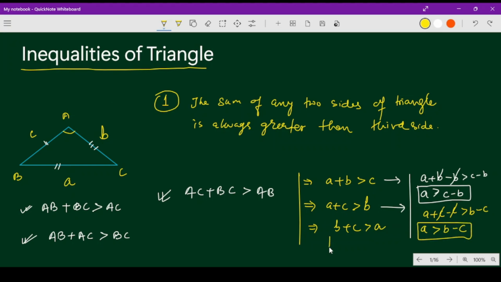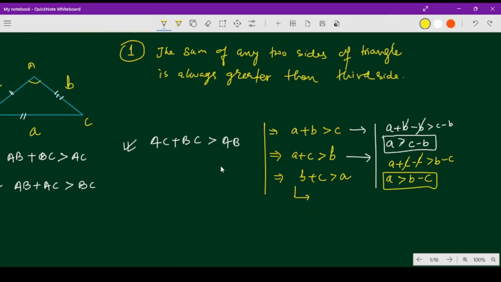And if we take the third one as well, subtracting b on either side, we'll get c is bigger than a minus b. So this indicates that in a triangle, if we subtract any two sides, then that will always be smaller than the third side.